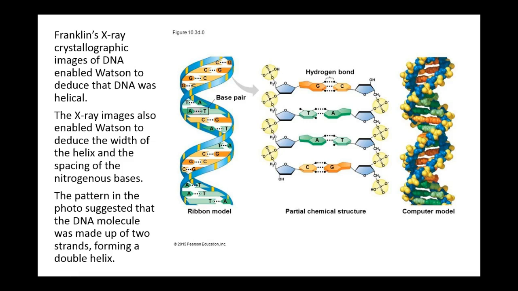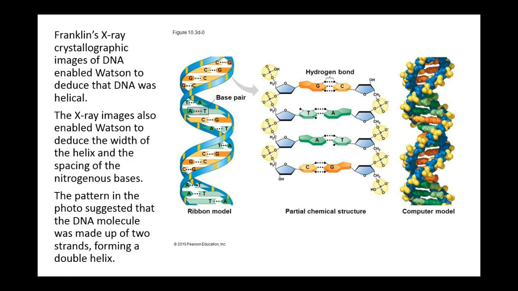So this is where you have this idea of the pyrimidines and the purines in terms of their molecular structure, and the fact that you have to match up a pyrimidine and a purine in order to have this regular ladder-type arrangement, which they knew was the design of the double helix.